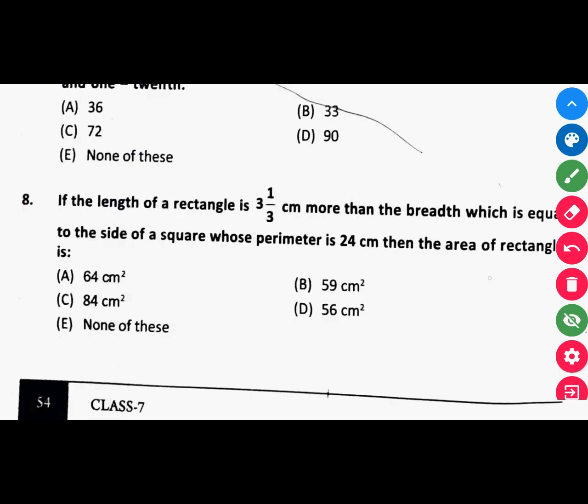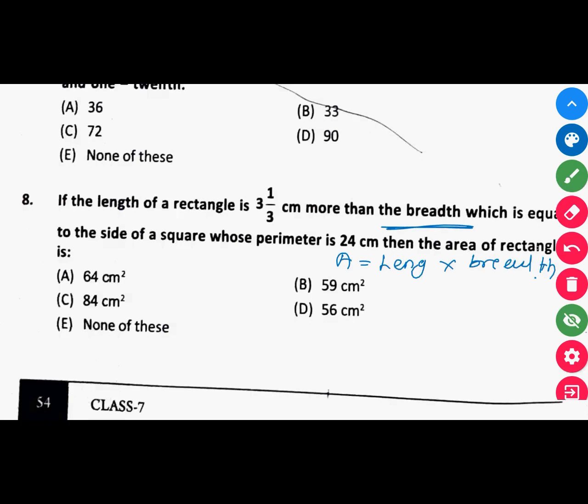See, the area of the rectangle we have to find. We know the formula for area of rectangle, which is length multiplied by breadth. Now first we have to calculate the breadth and the length, and then we can find the area of the rectangle.